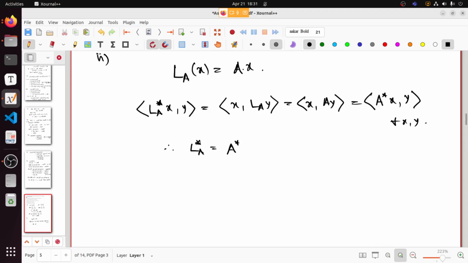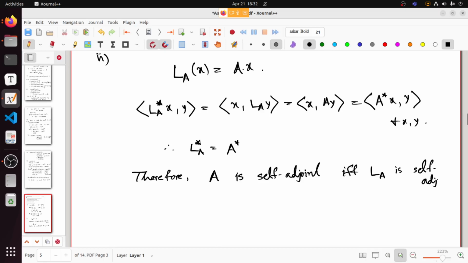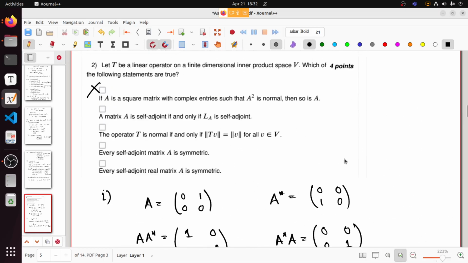Therefore, A is self-adjoint if and only if L_A is self-adjoint, because if A star equals A, then L_A star will be L_A. So A is self-adjoint if and only if L_A is self-adjoint. So option number 2 is true.